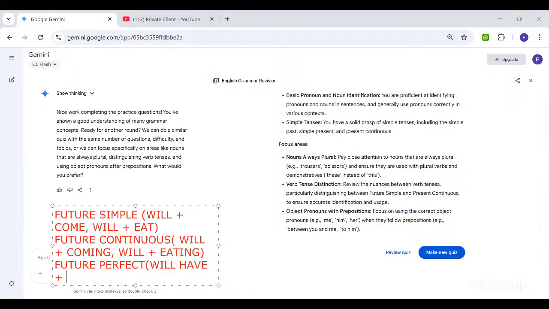Perfect means it will be in the past participle. So, for example, I will have finished eating, or I will have eaten. I will have come. The other one we will have plus eaten. So the verb there will change to past participle.